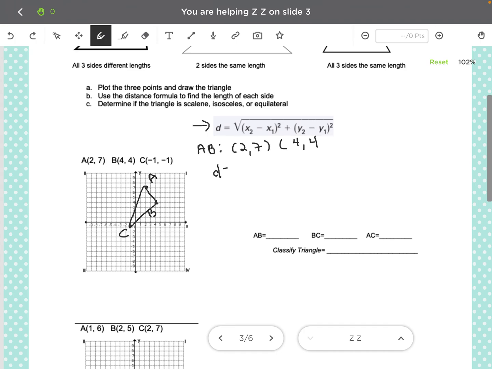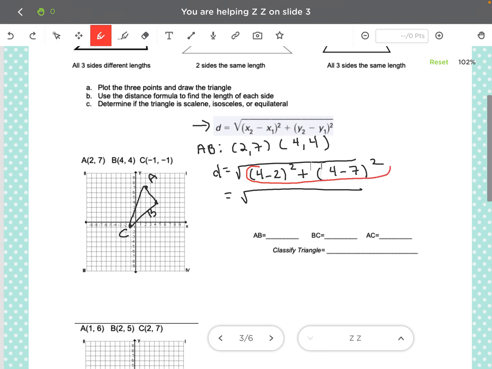So remember the distance formula says we're going to take the two x's, subtract them. So we have 4 minus 2 squared, plus we're going to take the two y's and subtract them. So my y's are 4 and 7, so 4 minus 7 squared. And use your calculator. Remember, you can type this whole thing into your calculator in one step if you want to.